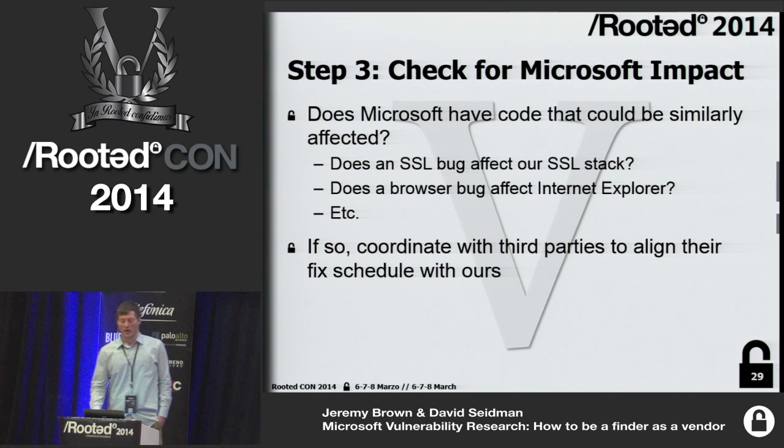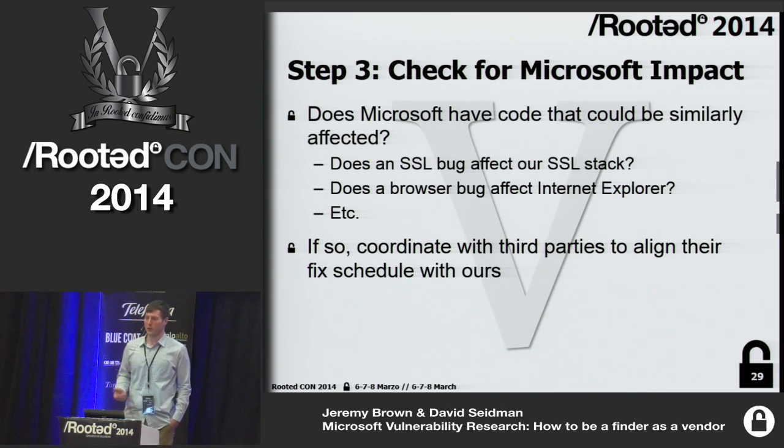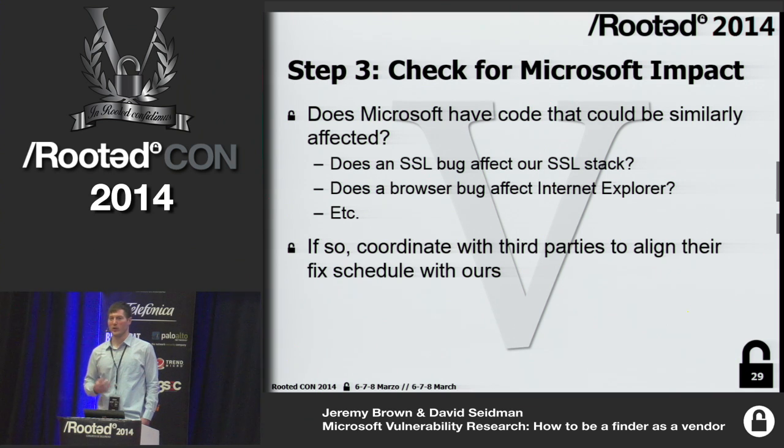Step 3, pretty important part for MSVR. Somebody submits a bug in a third-party product, and we work with the vendor to fix it, and everything's fixed. We release it, and then we're like, well, now that we look at it, we figure out a Microsoft product's actually vulnerable to this too. So someone else figures that out, all of a sudden it's a whole different scenario, whatever their agenda is with it.